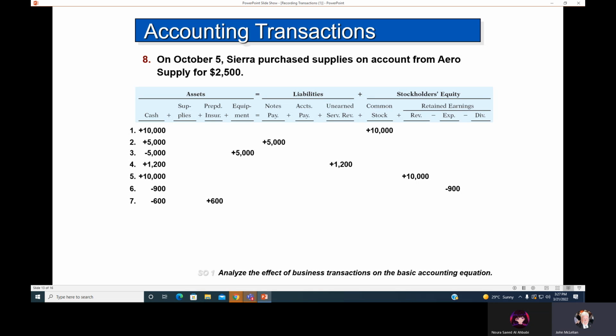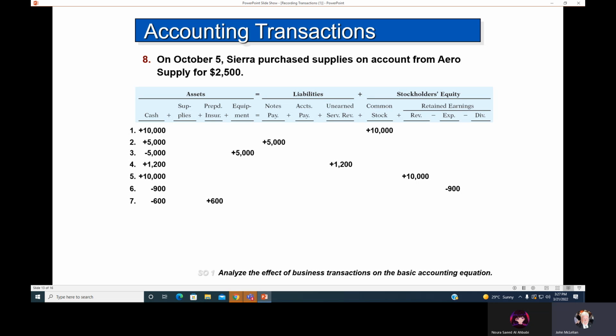October 5th, Sierra purchased supplies on account from Aero Supply for $2,500. Which two accounts?